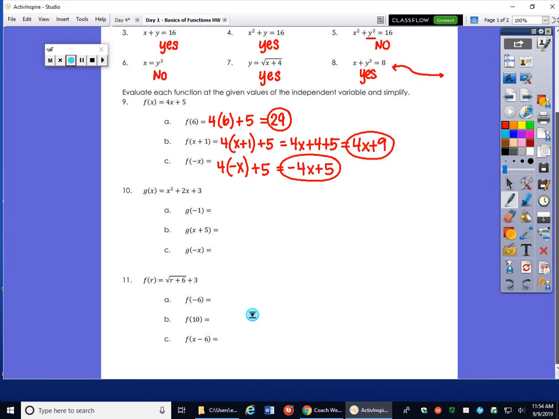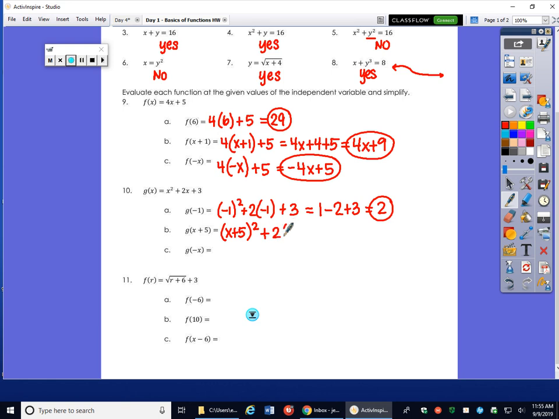Okay, number 10, we're going to put a negative 1 in wherever the x's are. So this is going to be negative 1 squared plus 2 times negative 1 plus 3. So that's going to be 1 minus 2 plus 3, which is going to be equal to 2. For the next one, it's going to be x plus 5 squared plus 2 times x plus 5 plus 3.